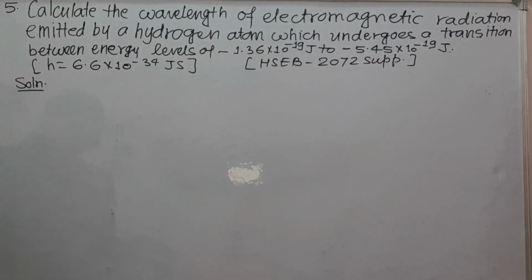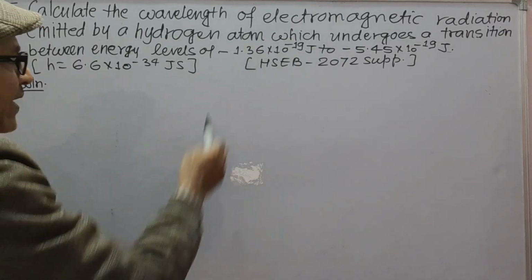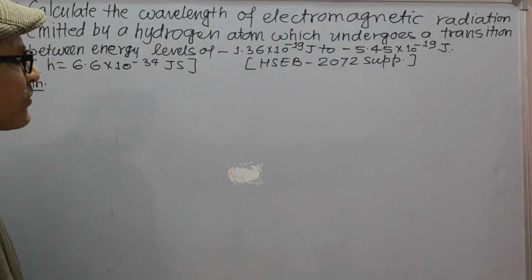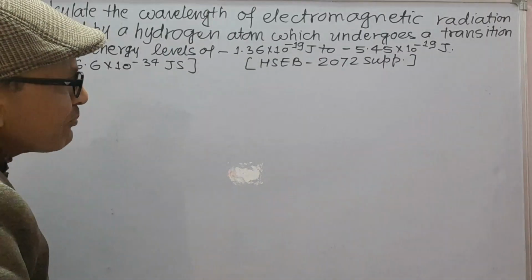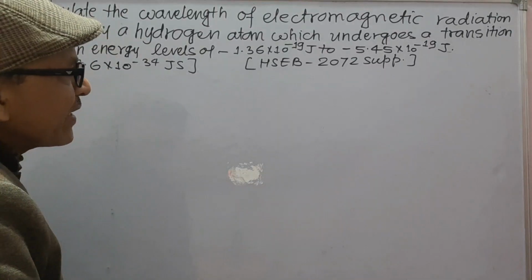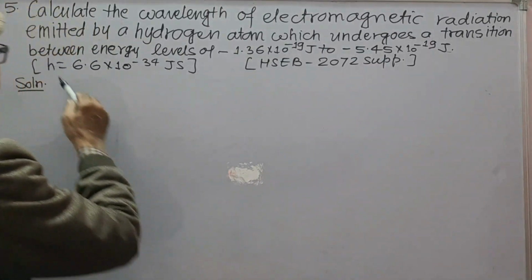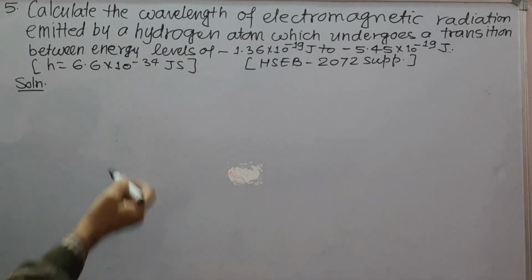Next question. Calculate the wavelength of electromagnetic radiation emitted by a hydrogen atom which undergoes a transition between energy levels of minus 1.36 into 10 to minus 19 joule and minus 5.45 into 10 to minus 19 joules. Planck constant is given to be this much.